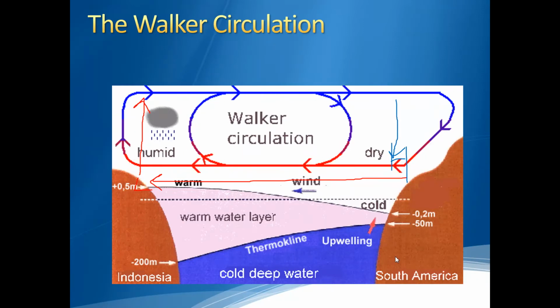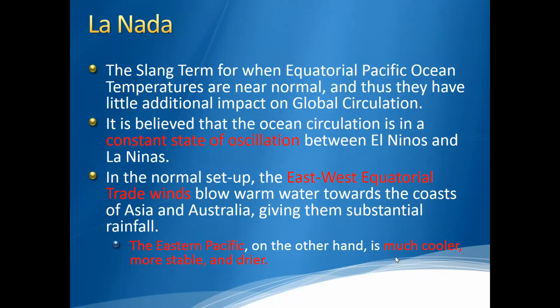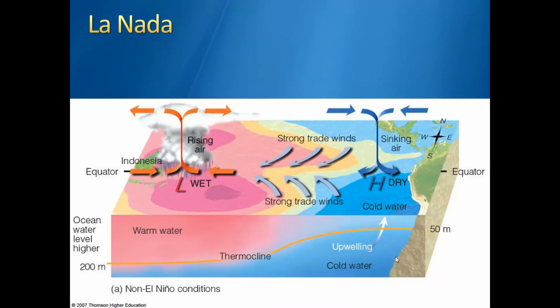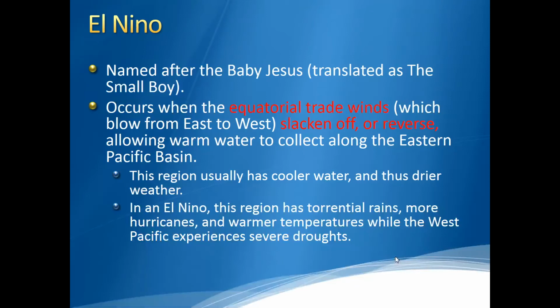That creates a lot of rising air in the western Pacific, a lot of sinking air in the eastern Pacific. So that's our normal, that's our baseline. That's our normal setup, and it looks just like this. However, in the case of an El Nino, that whole circulation reverses.